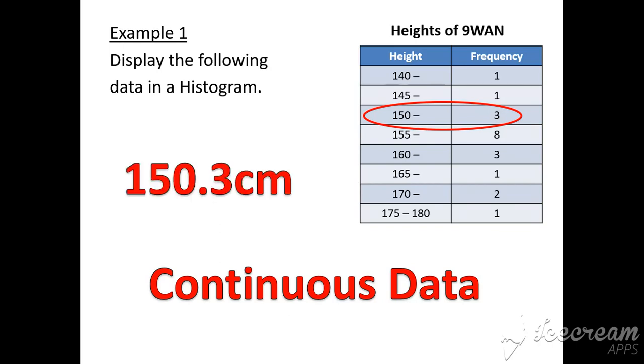What about somebody who is 150.3 centimeters? Well, they'd be in this group that we've highlighted right now because they are 150 and bigger, but not bigger than 155. What about somebody who is 149.8 centimeters? They would be in this group because they're not up to 150.